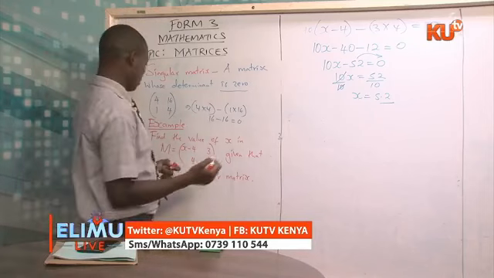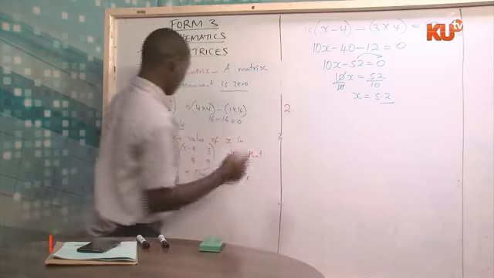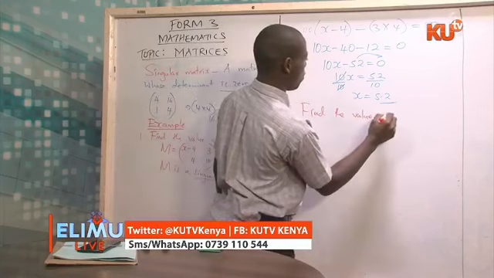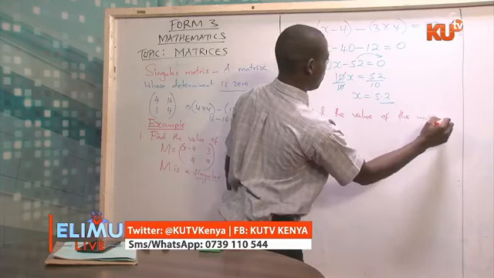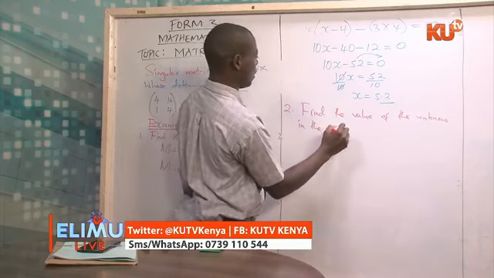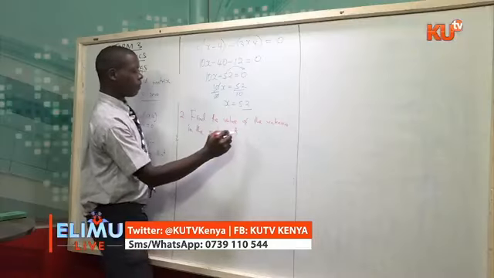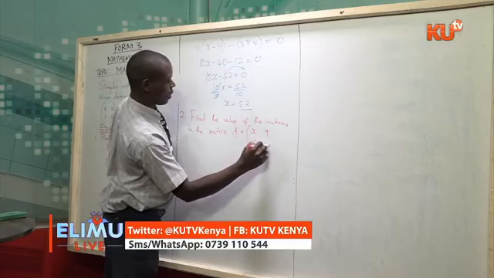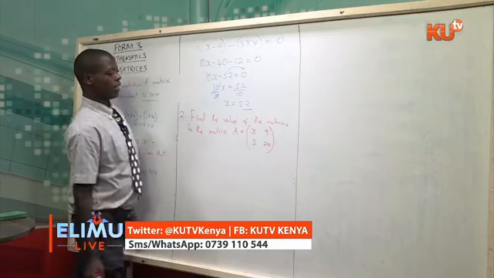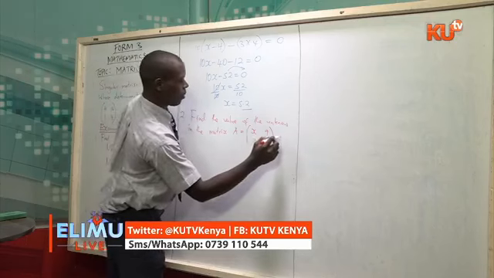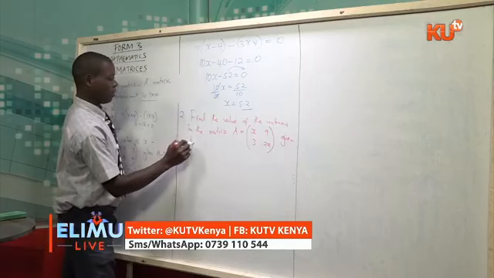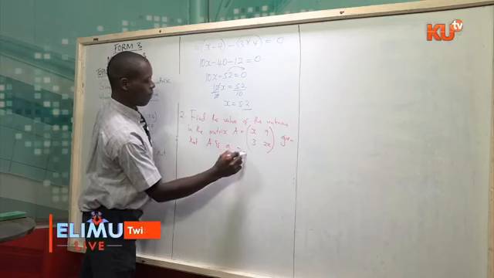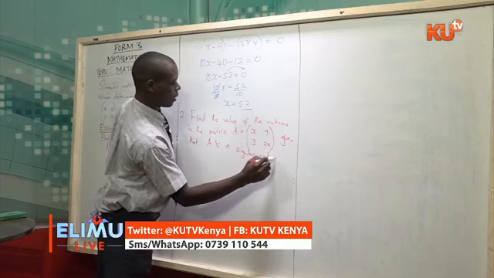If that is not the case, then we will have such a structure where you are told, find the value of the unknown in the matrix A equal to (3x, 9; 3, x), given that A is a singular matrix.